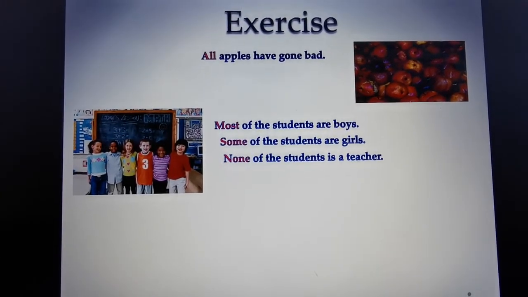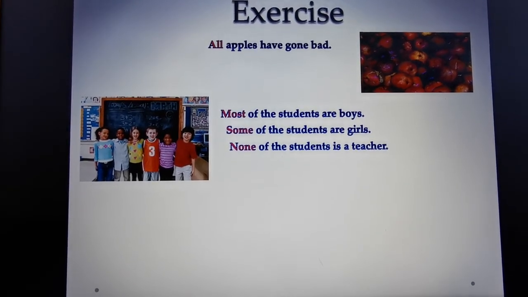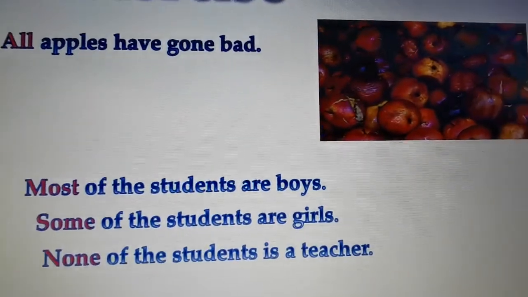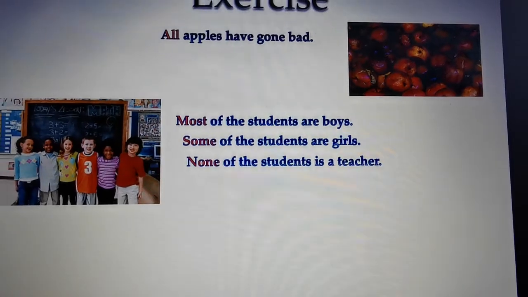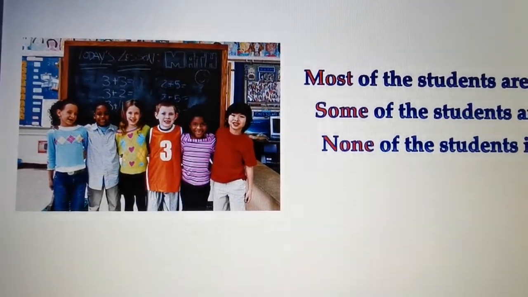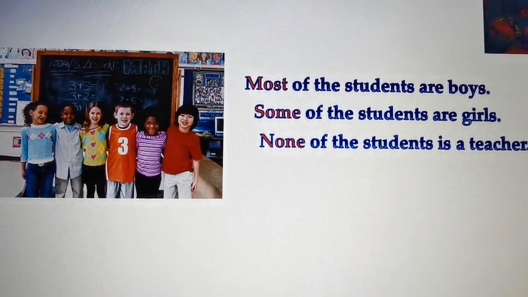Again, all means every single thing. All apples have gone bad. Every apple in this picture is bad. And most of the students are boys. That means there are more boys in this group than there are girls. Some of the students are girls.